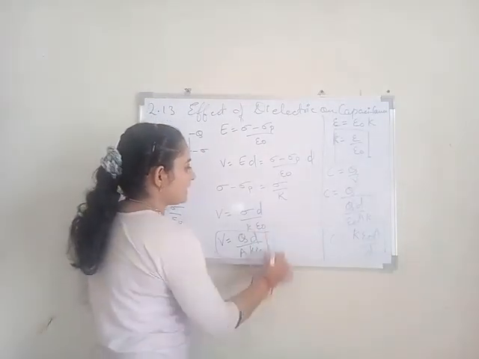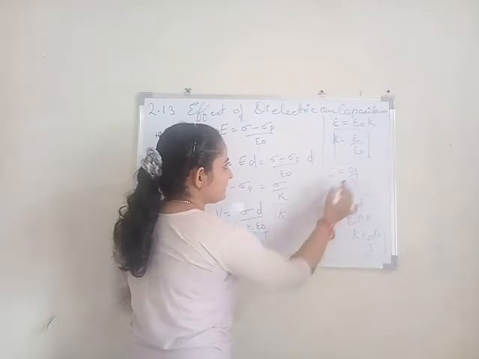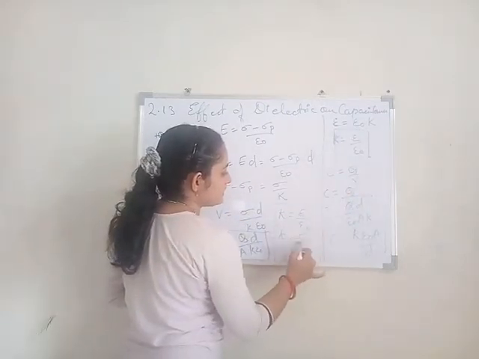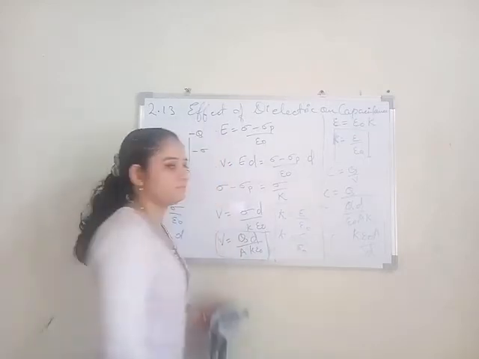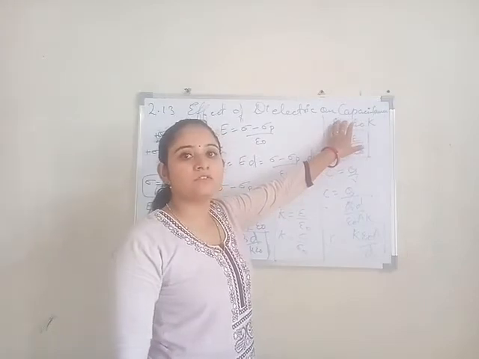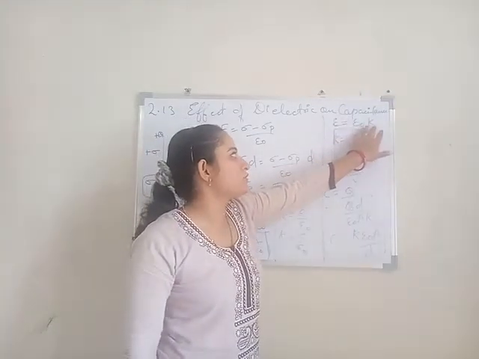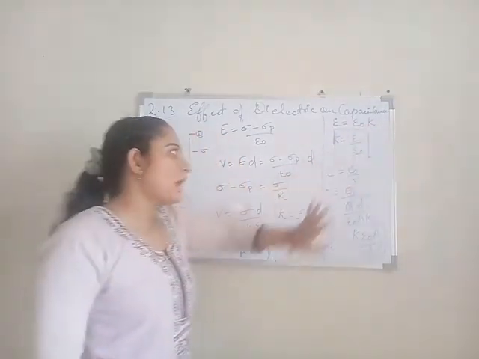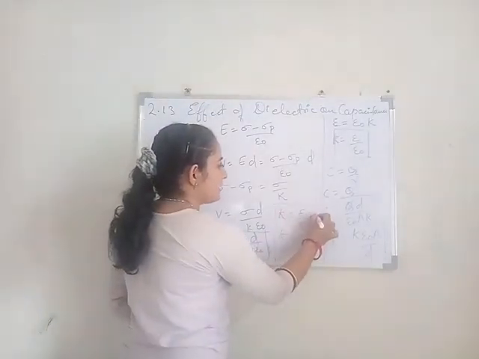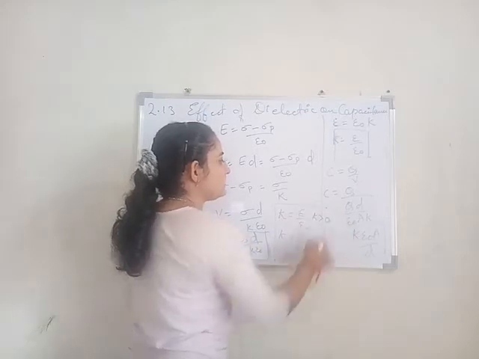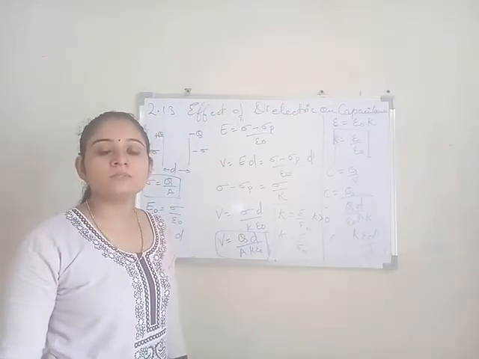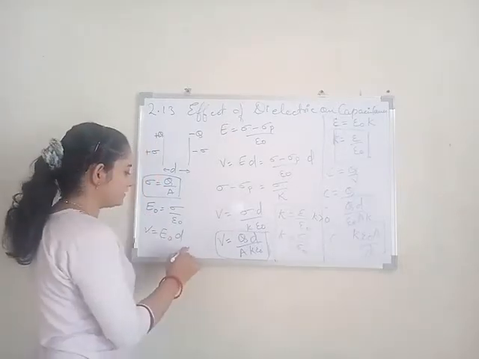This K can also be said to be epsilon upon epsilon 0, and in the same way C upon C0. So from this you know that the permittivity of the medium is the product of epsilon 0 into K, and for a medium the value of this K is greater than 1, and for vacuum the value of K is equal to 1.